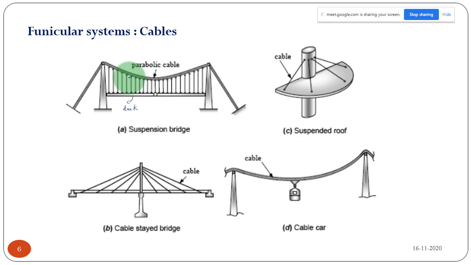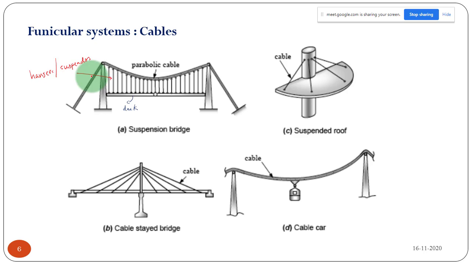So how is the deck supported? In this case, you can see some vertical elements. These are known as hangers or suspenders: the closely spaced vertical elements.